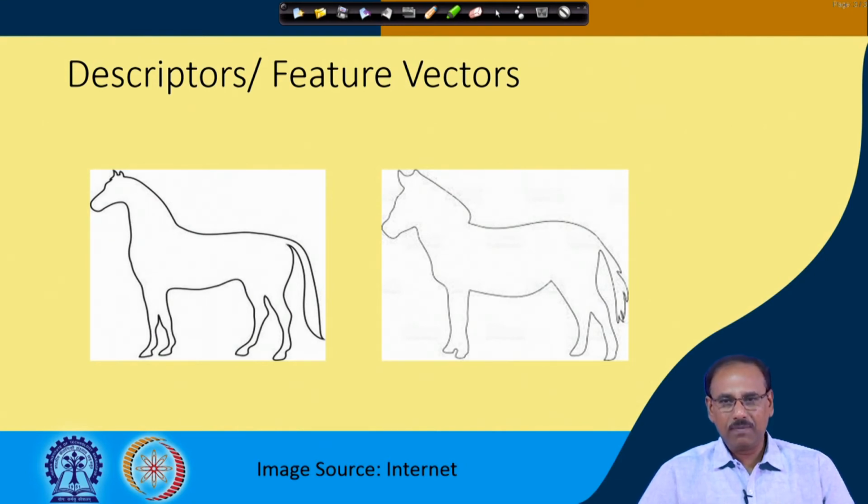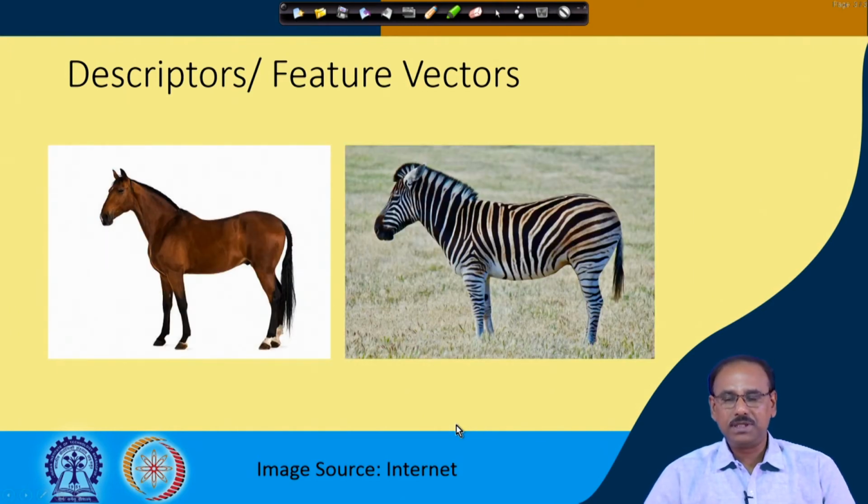But maybe using this shape information, I will be able to say that, okay, this is either a horse or a zebra, it is not a bird. Okay. So, this is the kind of information that I will be able to generate given the shape information, that this might be a horse or a zebra, but definitely this is not a bird. But to distinguish between horse and zebra, what I need is additional information.